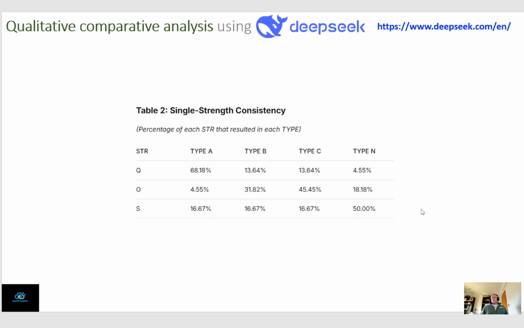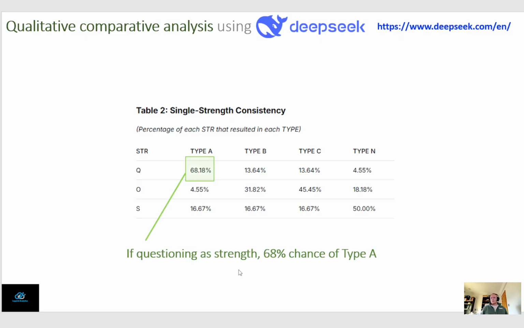Table 2. Well, what do you see here? Here you have consistency. These are print screens from DeepSeek, really, a percentage of each strength that resulted in each type. Perfect, that's exactly how I defined consistency. To what extent does questioning a strength result in type A service being sold?